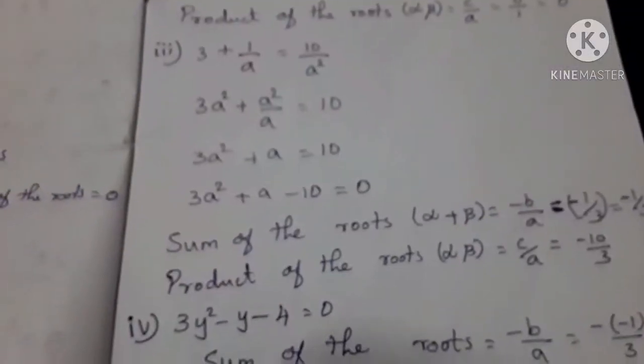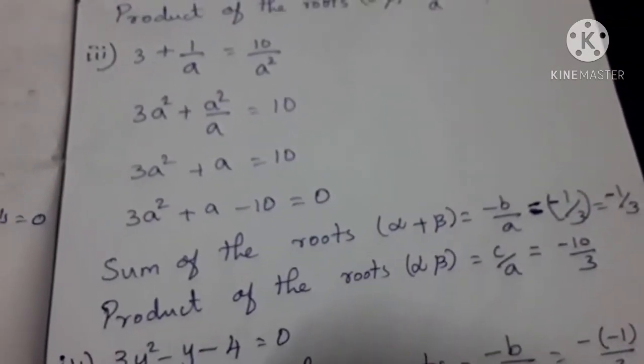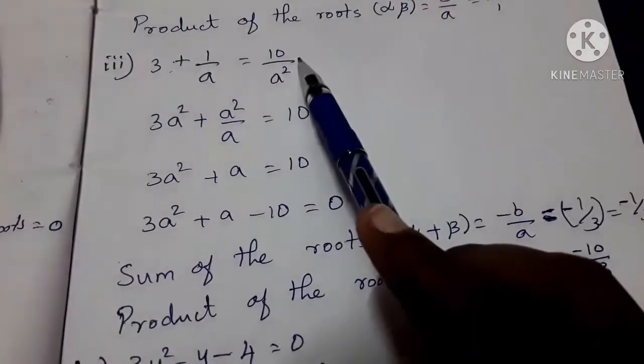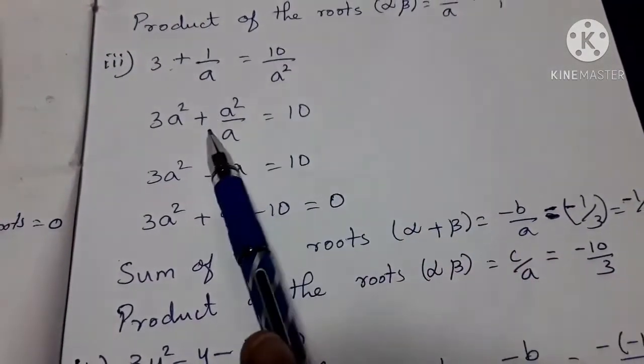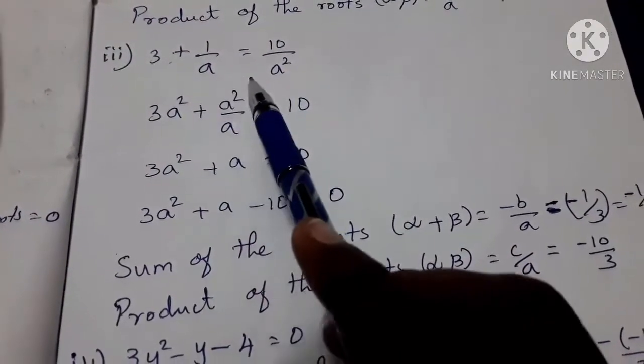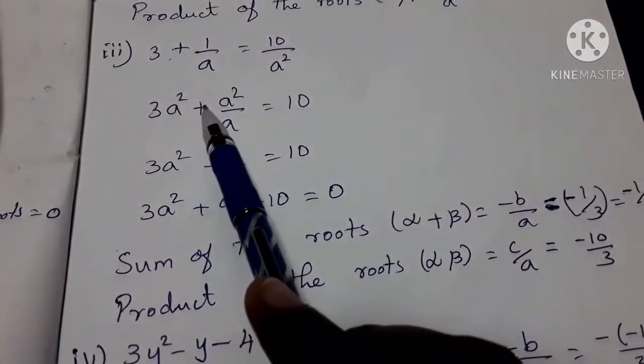Next, question number 3. 3 plus 1 by a is equal to 10 by a squared. Here it is not in the form of a quadratic equation, so first we have to form the quadratic equation.